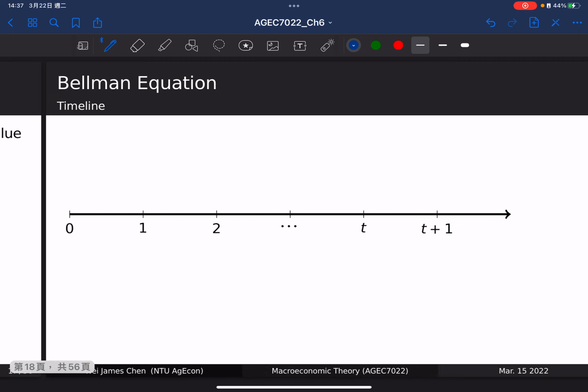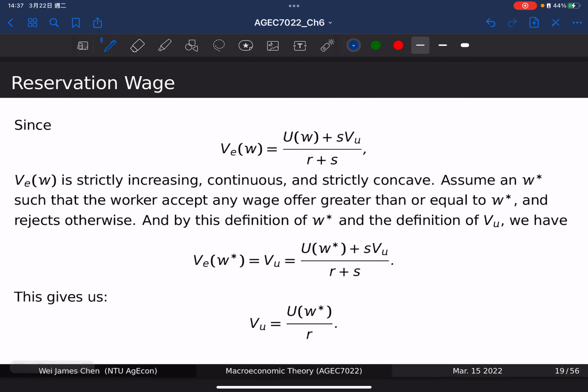And then what we really do is define something called the reservation wage. Remember, here we don't actually calculate the reservation wage. We just conceptually define this W star. We don't really know how to calculate it. We just have this idea of W star, where this W star makes this person indifferent between employed status and unemployed status.